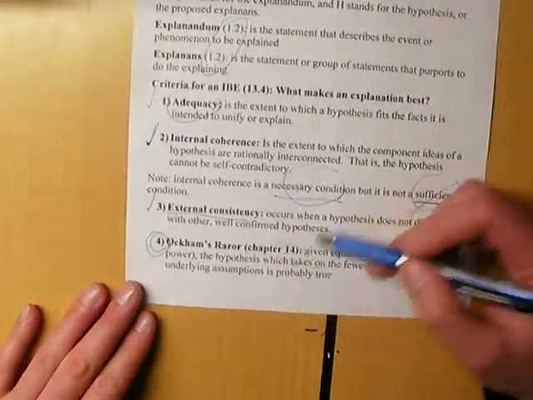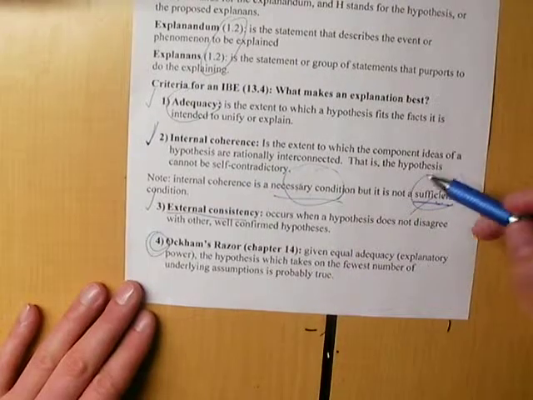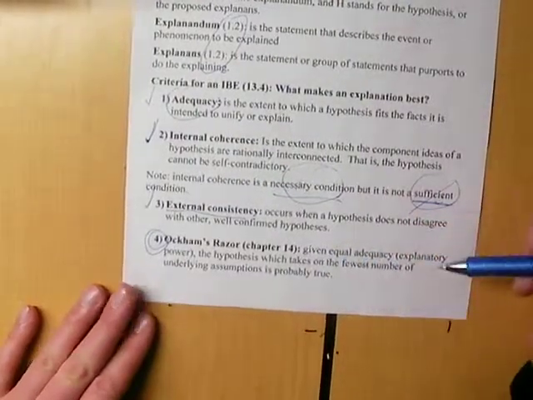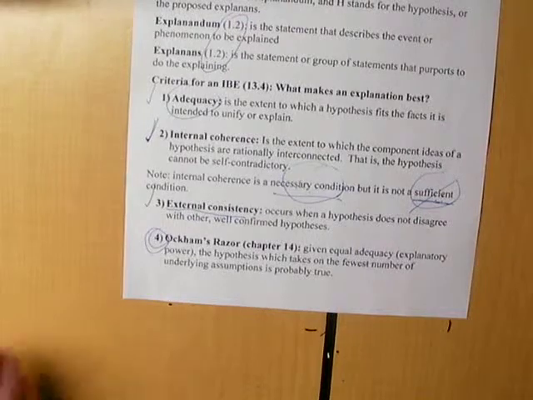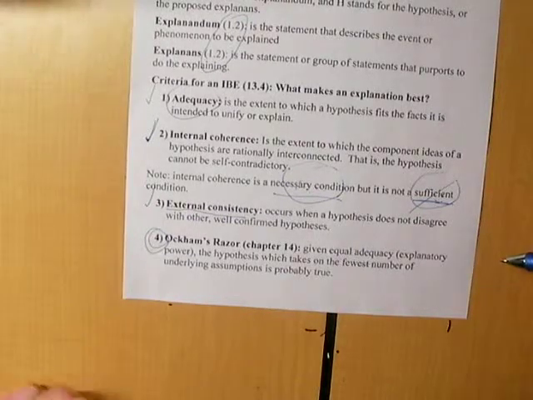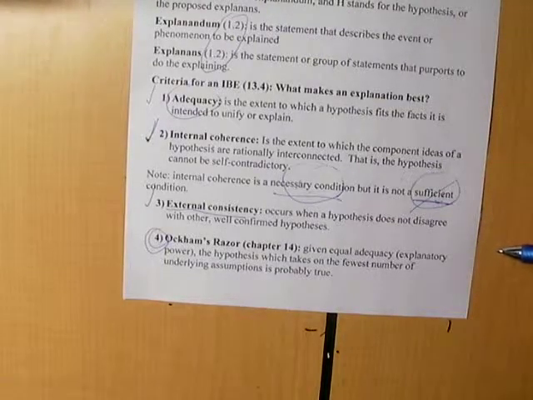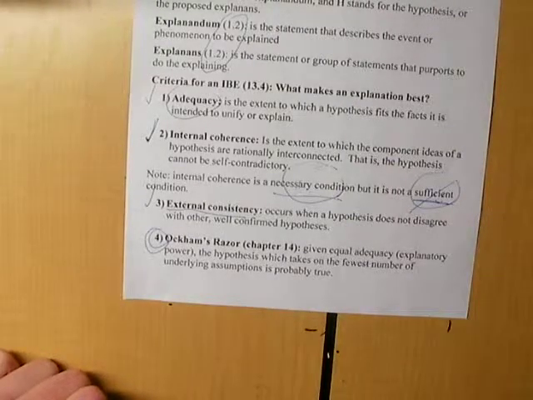And again, there's a separate video covering this, but just a quick little recap. We would apply this given equal adequacy, equal explanatory power. We're simply going to pick the hypothesis that takes on the fewest number of underlying assumptions. We're going to pick the more elegant, the more simplistic hypothesis, if you will, the one that has the least amount of, here's the fancy phrase, ontological baggage.